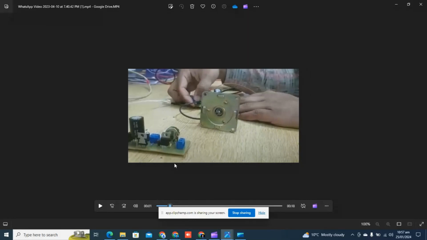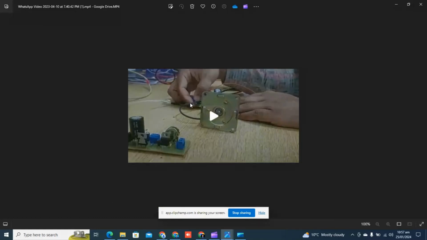We have made several PCBs of this same circuit. One is placed here, and the other is there, to which this motor is connected. Now, let us check this. As we increase the voltage, the speed of this motor will also increase, and as we decrease it, the motor will stop.